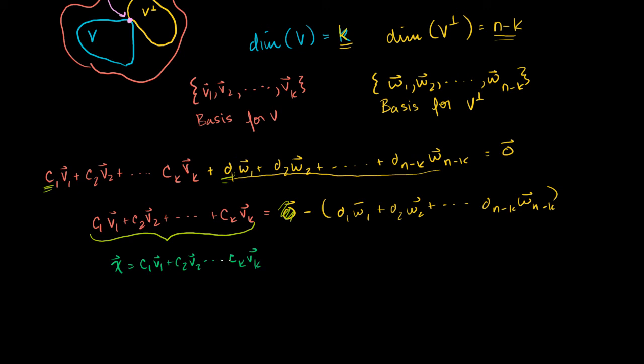We know that it's a linear combination of our basis vectors of V. So x is a member of V. By definition, any linear combination of the basis vectors for a subspace is going to be a member of that subspace.